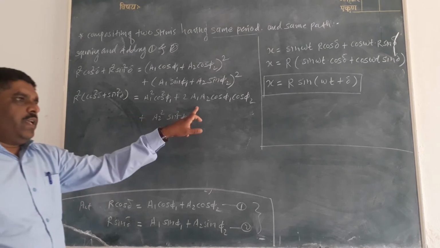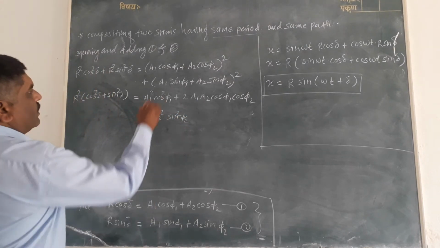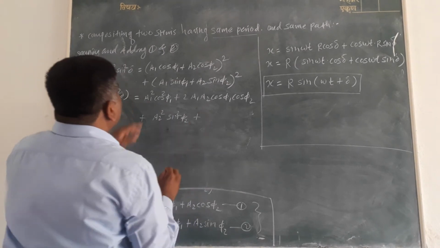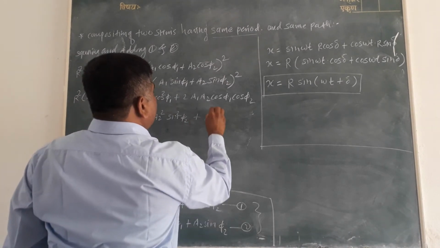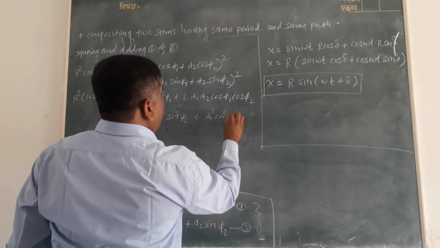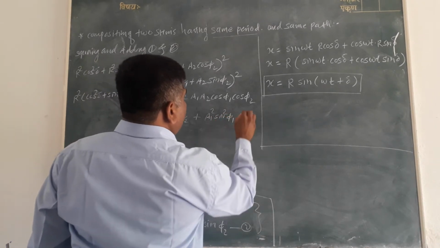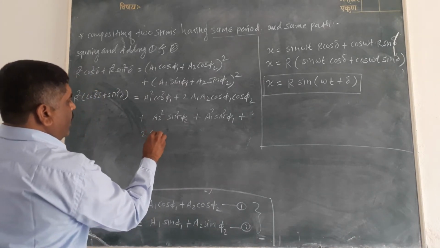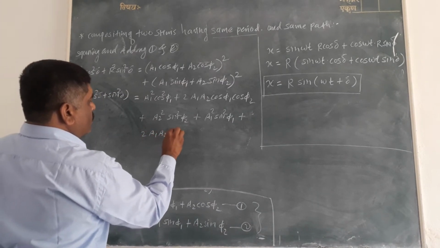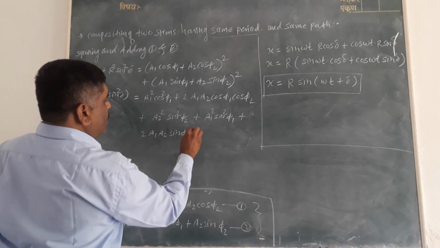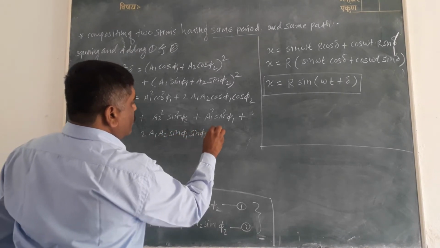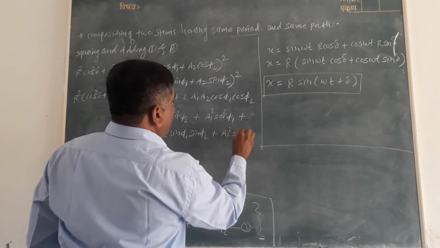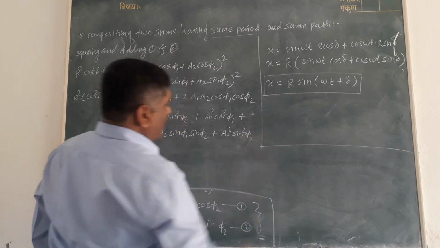A square plus 2ab plus b square. Now second bracket plus a1 square sin square alpha 1 plus 2 a1 a2 sin alpha 1 sin alpha 2 plus a2 square sin square alpha 2.